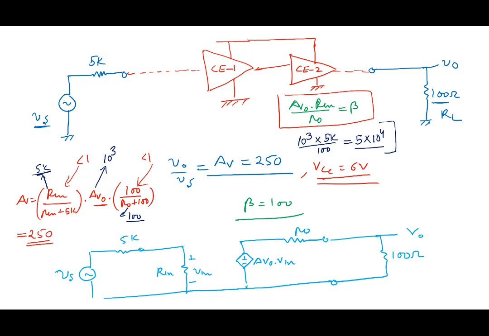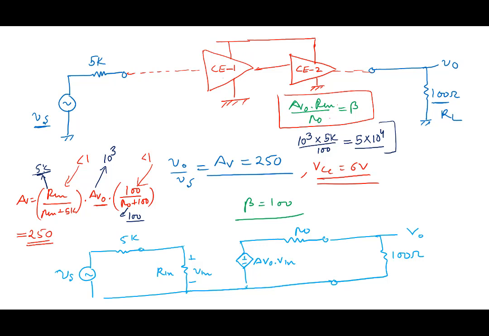Now, do you see an advantage of using a two-stage design? I'm no longer limited by AV0 Rn by R0 equal to beta, because this stage has to satisfy this, and this stage also satisfies this. I have more capabilities now.